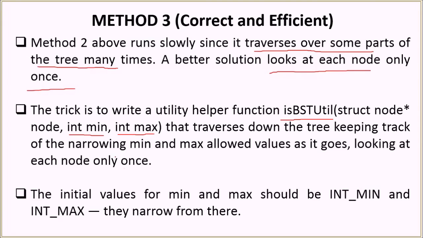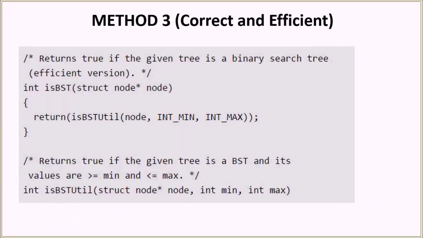Initially these values will be int min and int max, and as we go from top to bottom, the minimum and maximum allowed values will narrow down. This will be more clearer when we actually run through the code. For the time being, this will be the basic structure.